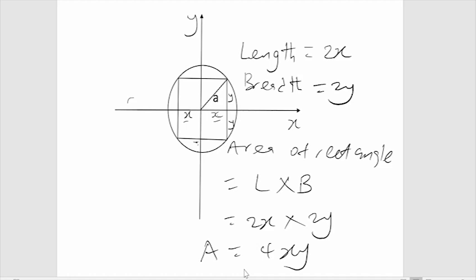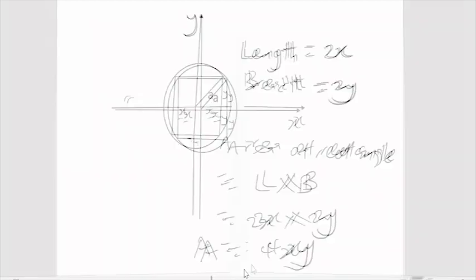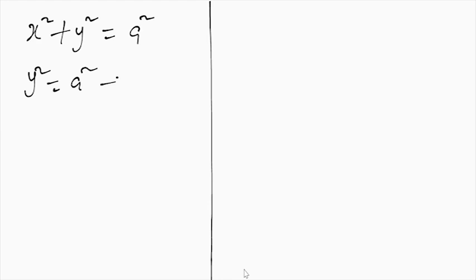Now, we've been able to deduce the value of the area of the rectangle in terms of x and y. We're given the equation of the circle to be x squared plus y squared equals a squared. So if we make y the subject, we have y squared equals a squared minus x squared. Then y equals the square root of a squared minus x squared.